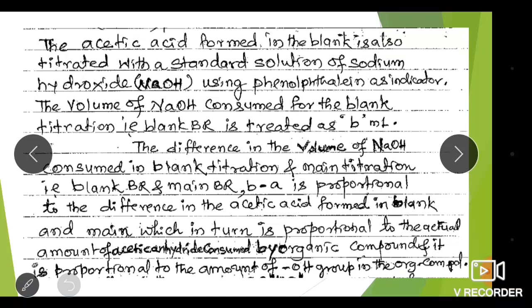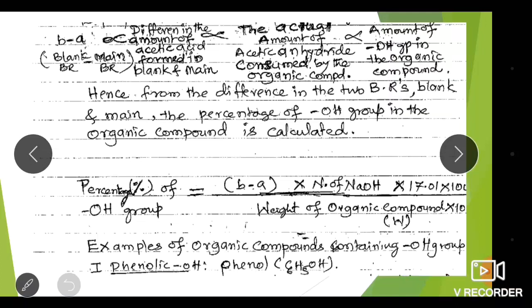Means, the difference B minus A, blank reading minus sample reading, is directly proportional to the amount of acetic anhydride consumed by the organic compound, which is nothing but the amount of hydroxyl group present in the given organic compound.